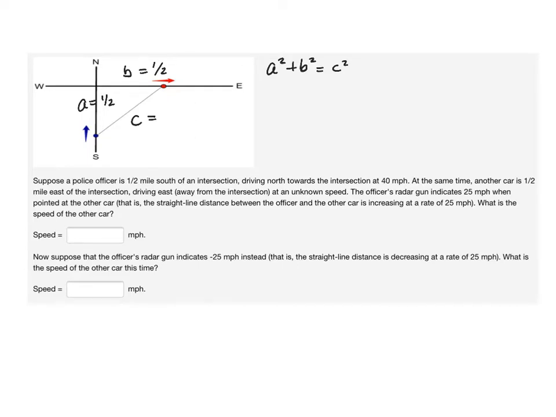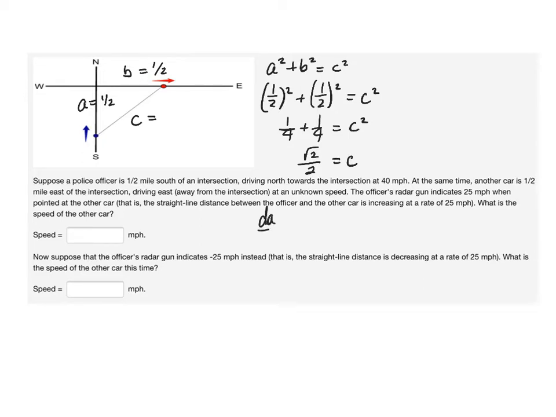So I have 1/2 squared plus 1/2 squared is equal to C squared. So 1/4 plus 1/4 is equal to C squared. I add those together, take the square root, so I have square root of 2 over 2 is equal to C.